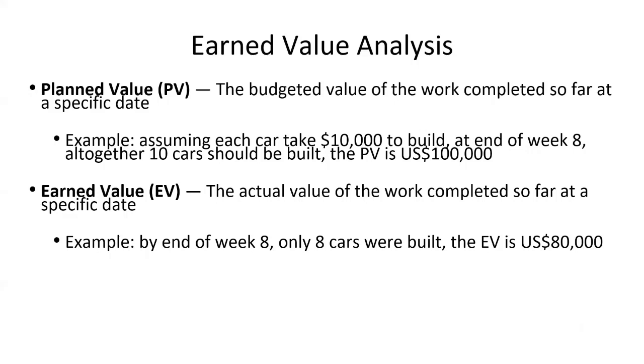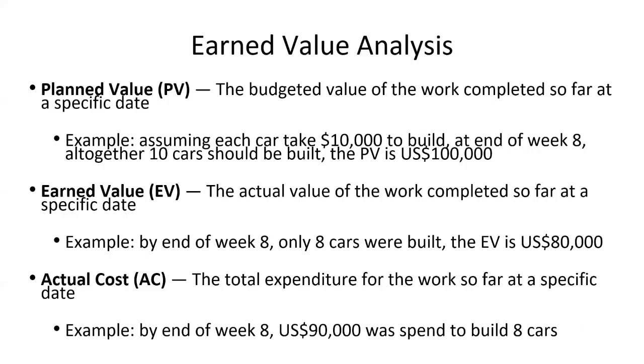And there is something called actual cost, the total expenditure of the work performed till that point. So now let's assume that the cars were not built at $10,000, but instead they took more than $10,000. So at the end of week 8, we were able to build 8 cars for $90,000.